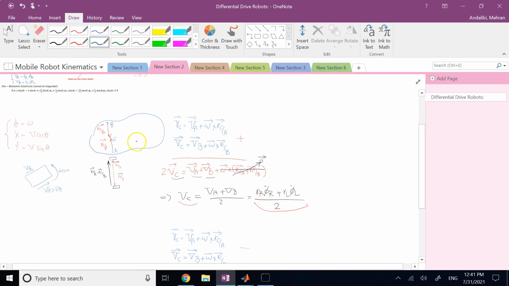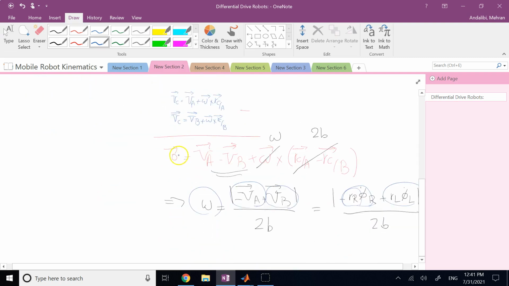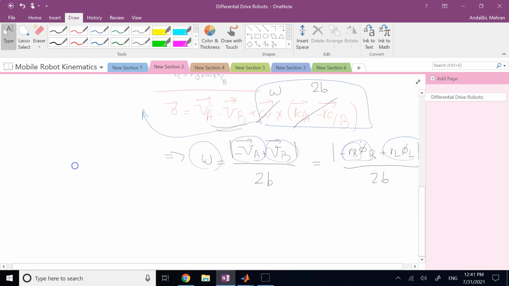But does my equation show that here? Well, it comes from the fact of the direction here, okay? What does the direction tell me? Well, when we subtract it here, we had 0 equals VA minus VB plus omega cross R of C with respect to A minus R of C with respect to B. If I take this term and bring it to the left-hand side, what do I get?